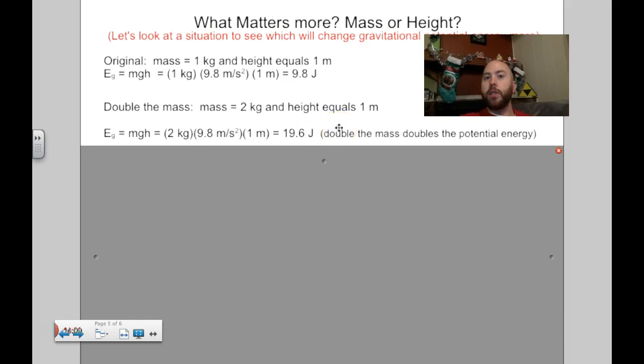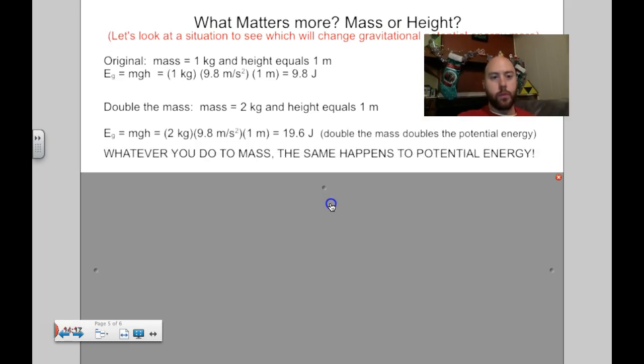So whenever you double the mass, I also double the potential energy. What's that called when if you change the one variable, the other does the exact same thing? Good. Mass and potential energy are directly proportional. Whatever you do to the mass, the exact same thing happens to potential energy.